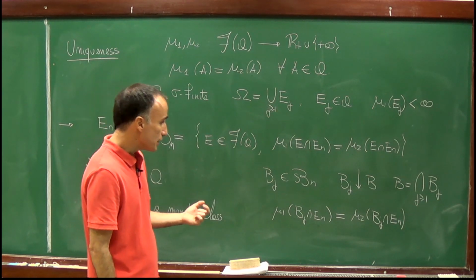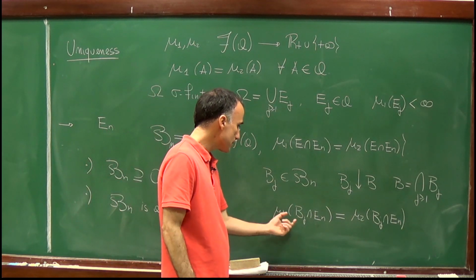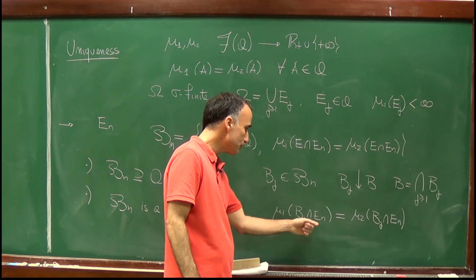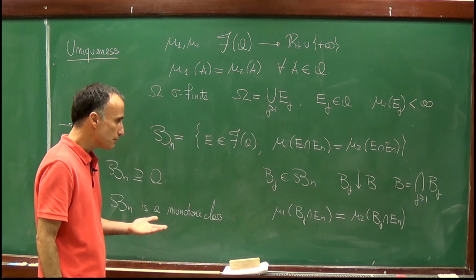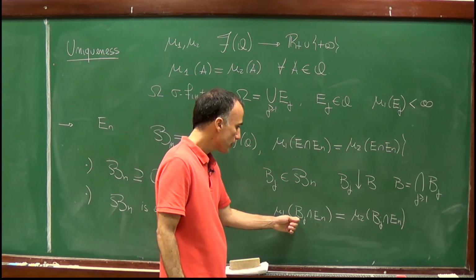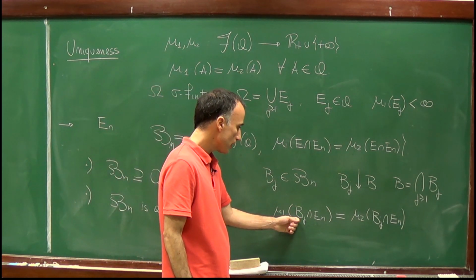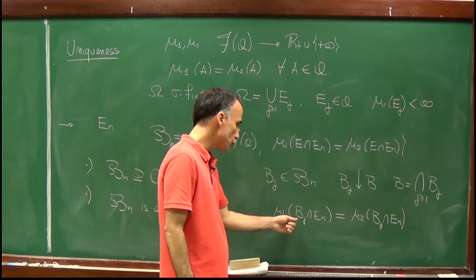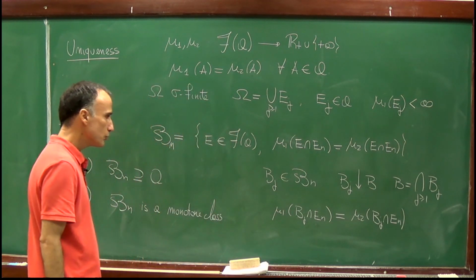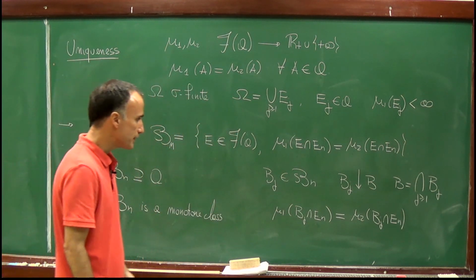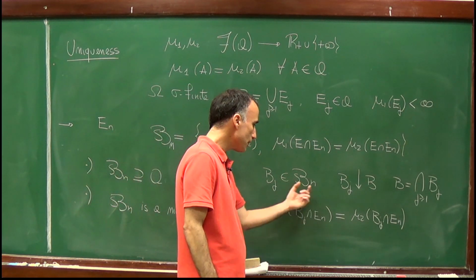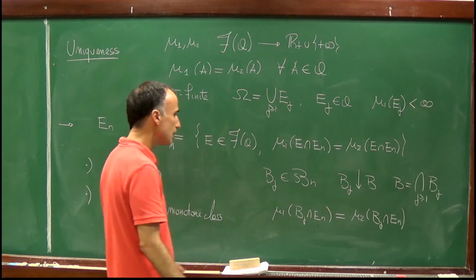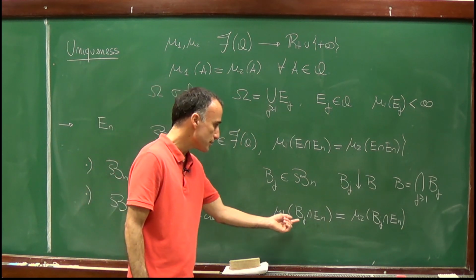So here we know that this value is finite because mu1 of En is finite. But without this assumption, we couldn't use the sigma additivity, we couldn't prove that this sequence converged, because it might be equal to plus infinity at all j's.